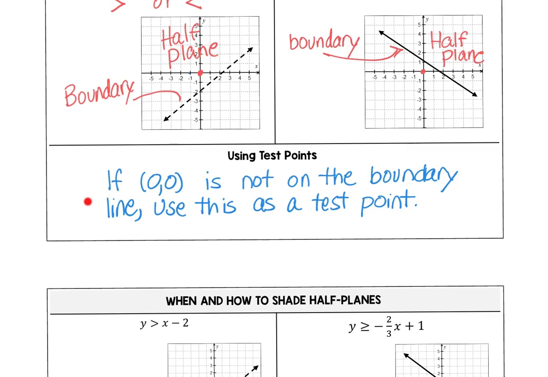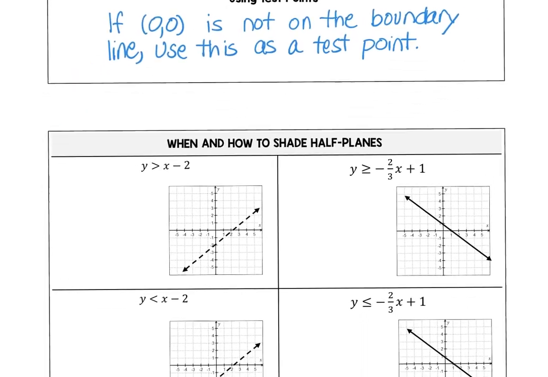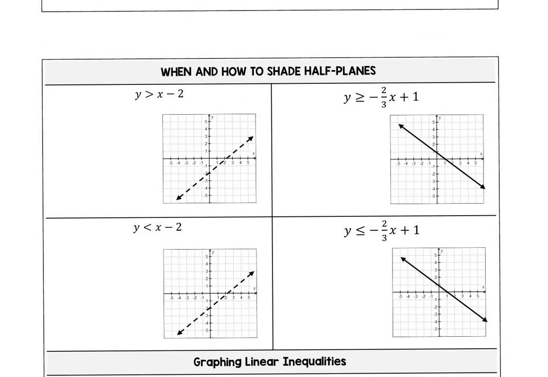If 0, 0 is not on the boundary line, we're going to use this value as a test point, because if it's true, then you shade that region, and if it's false, you jump the boundary and shade the other portion. Let's move on to some examples for how to shade the half planes.